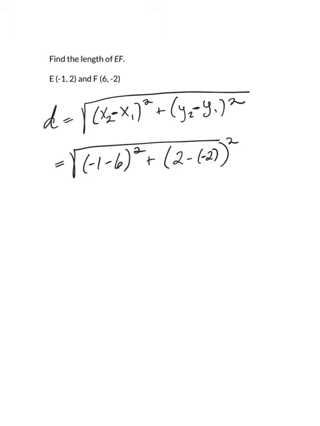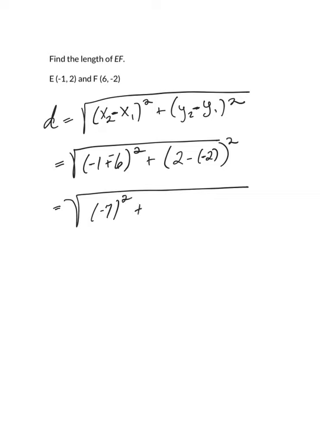Next, we want to do parentheses. And we have to remember when we are subtracting that we need to add the opposite. So negative 1 minus 6 becomes negative 1 plus a negative 6, which gives me a negative 7 squared.